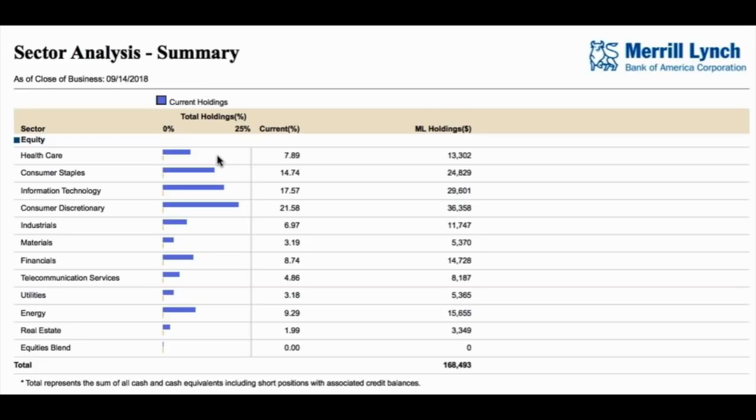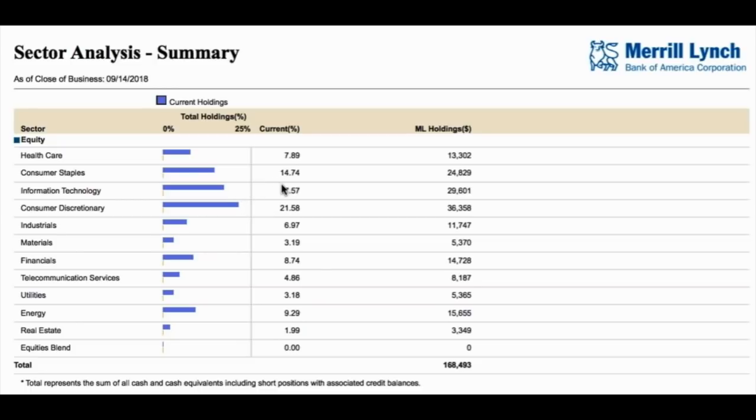As we work down the line, I'm probably just a little bit overweight consumer staples. As I scroll down, information technology is a little bit underweight. What I mean by that is there are certain weightings of each specific sector that you want to try to achieve, and make sure that you don't get too overexposed in any one sector.